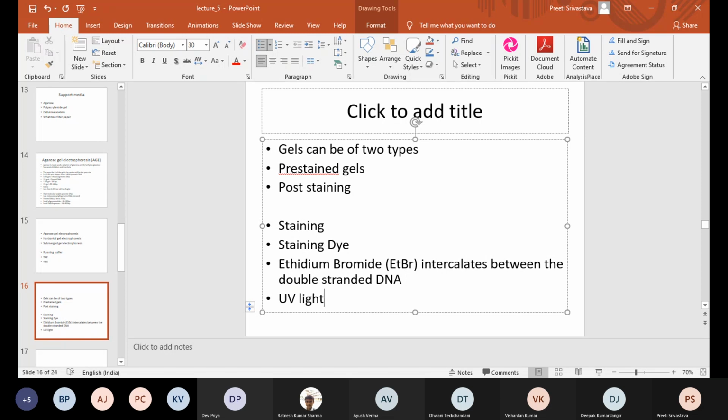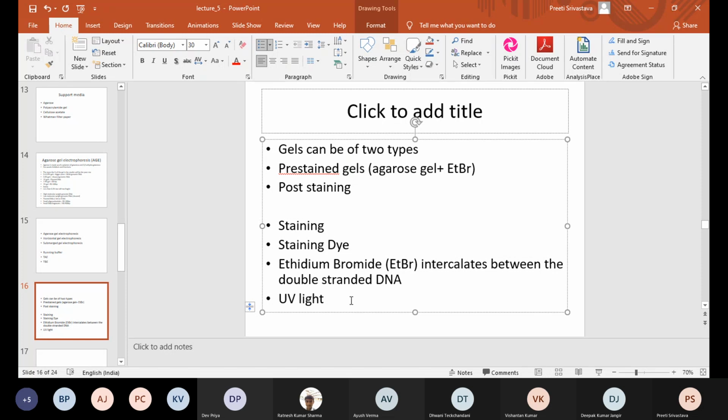It will appear like an orange colored band, and it will glow under UV light. Depending on the use of this EtBr, the gels can be pre-stained gels. That means when you are preparing the agarose gel, during the time of preparation you mix it with EtBr. So these gels are called pre-stained gels.